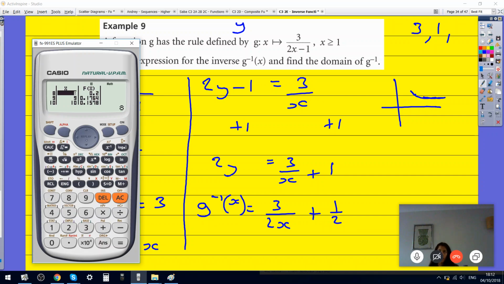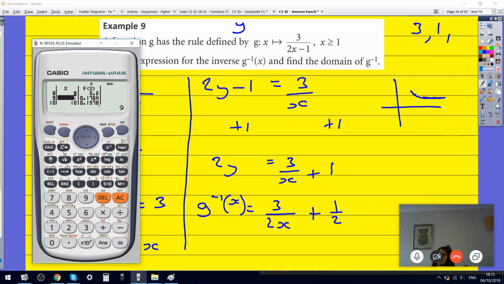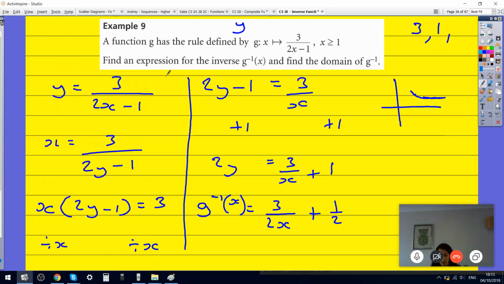Okay, so x in the middle, and then this is y, just to be clear. So x is greater than or equal to 1. What about y? What about the outputs? Greater or equal to 0.